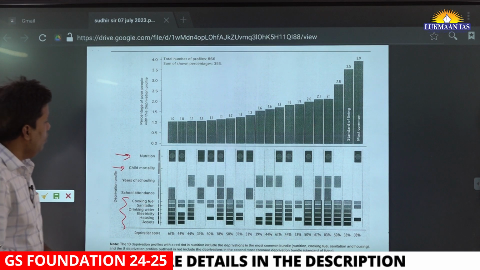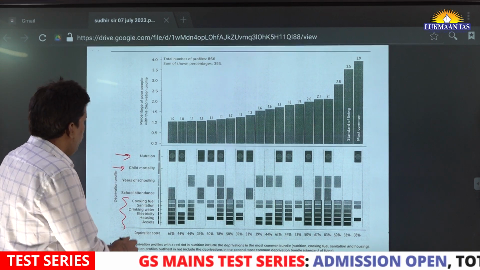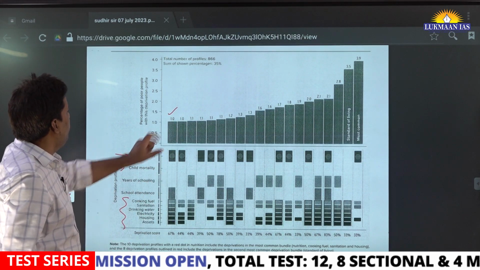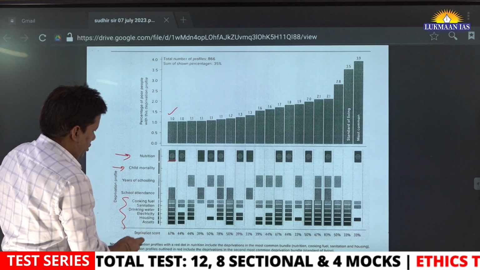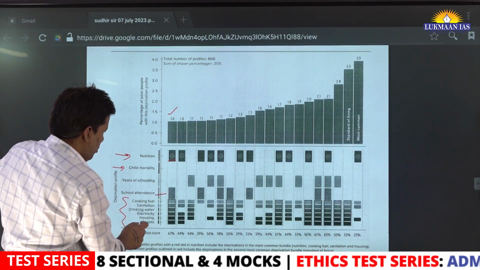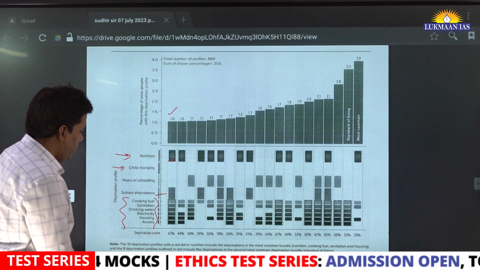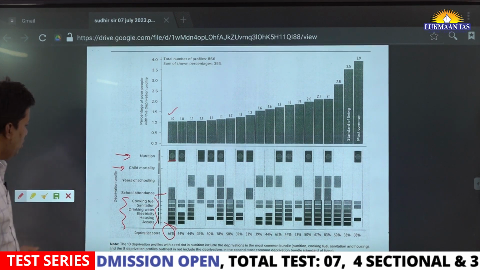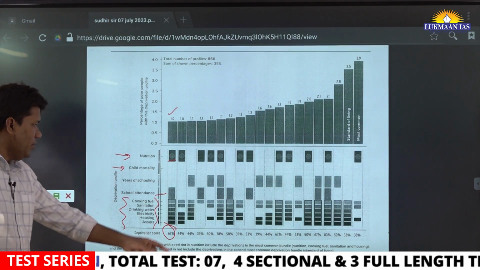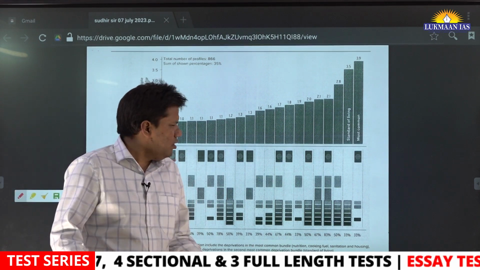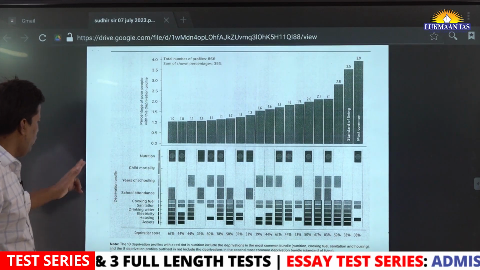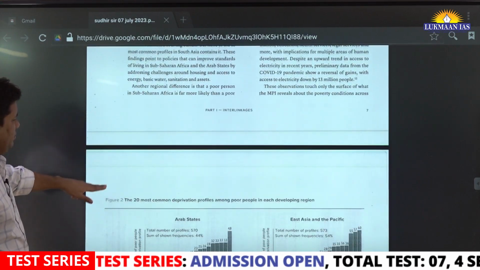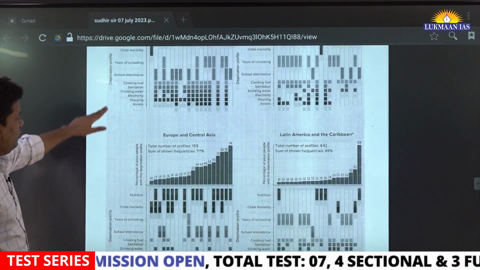So when for this many people they are deprived in nutrition, as well as school attendance, as well as standard of living, what is the deprivation score? 67%. So they mentioned a total of 10 deprivation profiles. You will not get time to write all this in a mains copy, but yes, somewhere you can mention this understanding.